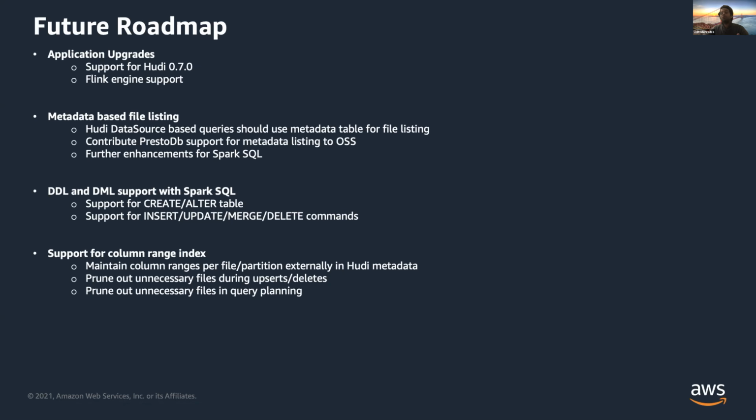In line with that, we also want to preferably work with the Uber team on building this column range indexing feature, where we'll maintain the column ranges, the min max of all the columns for each file externally. That can ultimately help us prune out unnecessary files based on the query predicates when we do query planning. And if we implement a feature where you can update or delete based on any random column, it will really benefit that feature as well, because we can prune out all the unnecessary files there.